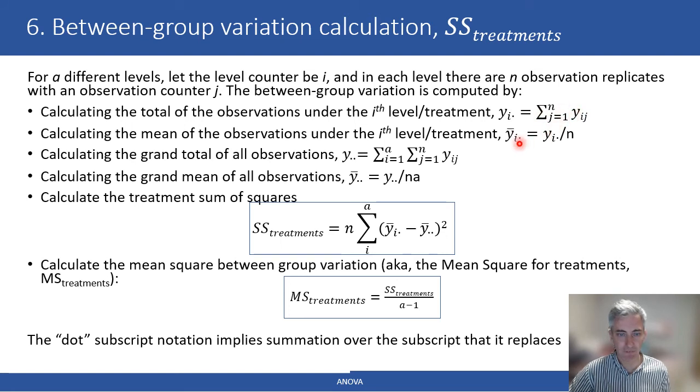And then if I divide by the number of observations in that group, I will get the mean of that group. That's all that means. This is just shorthand for the mean of the group, or the mean of that treatment. This y dot dot hat is the grand mean of all the observations that we've made for all of the groups.